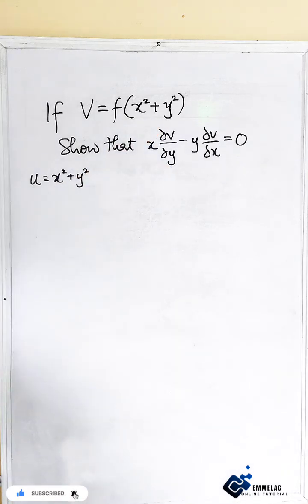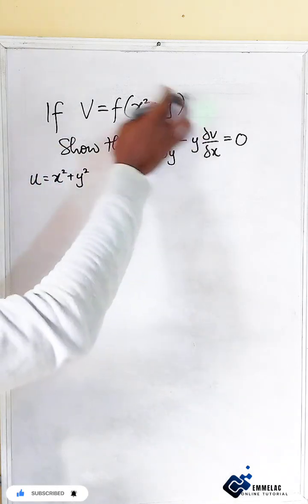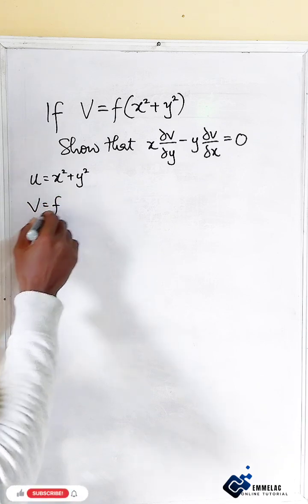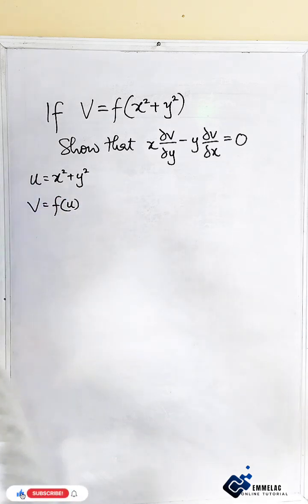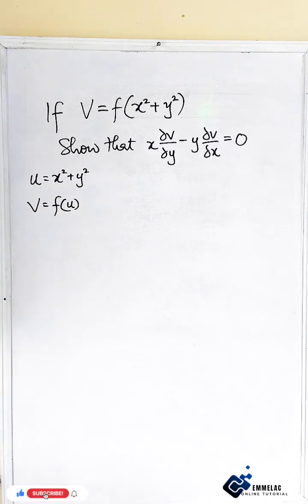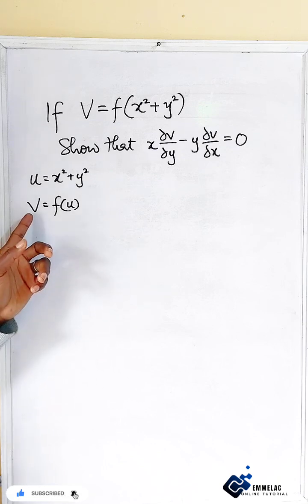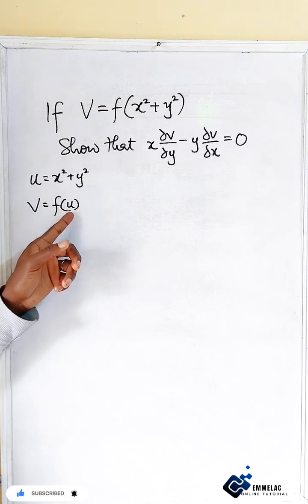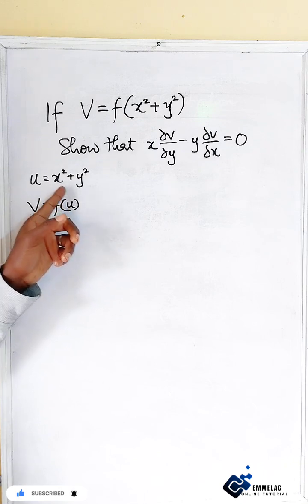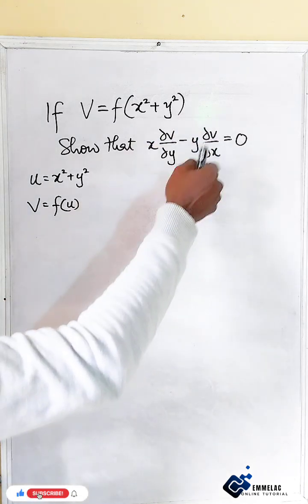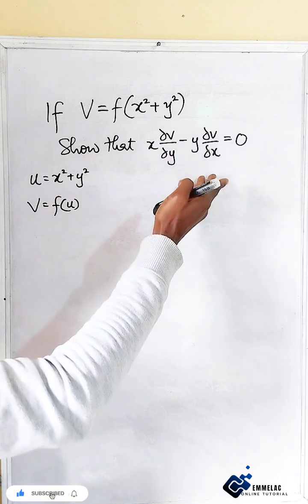Which implies that the above equation will now be v equals f of u. Now this becomes a function of a function, which means that v is a function of u and u is a function of x and y.